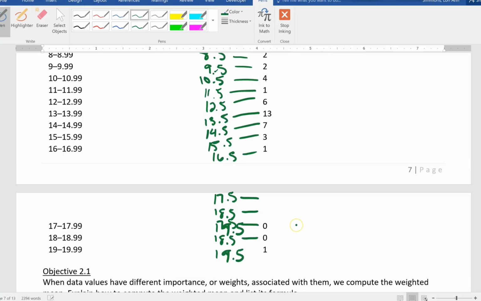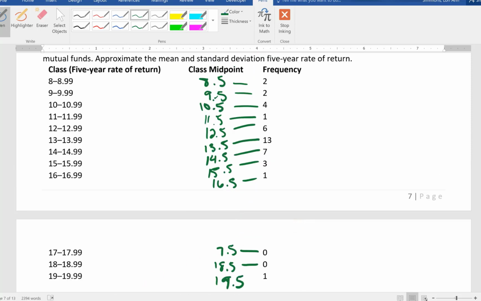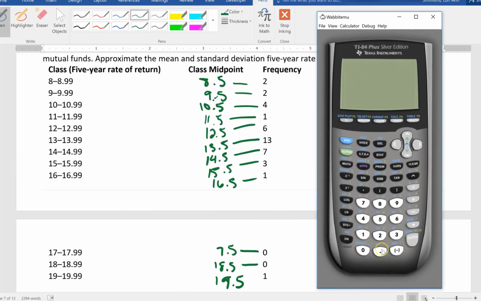So let's try and put this in our calculator. The first part, A, was to put the midpoints in list 1. So I'm going to clear the list.